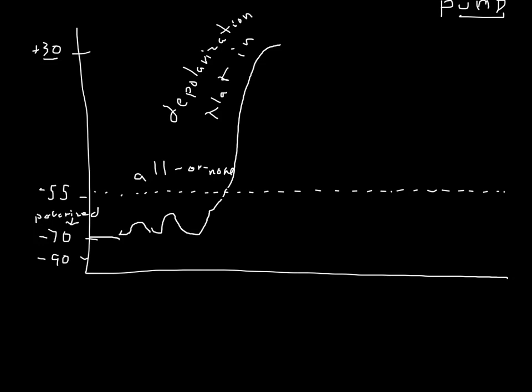So once I open up those potassium doors, potassium flows out of the cell, which returns the potential to a negative state. So potassium is moving out. This is called repolarization.